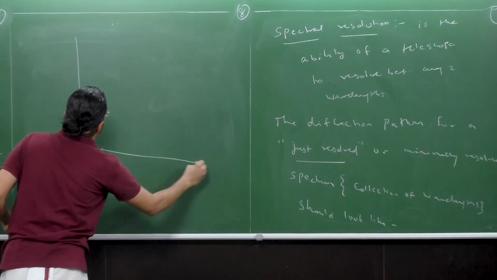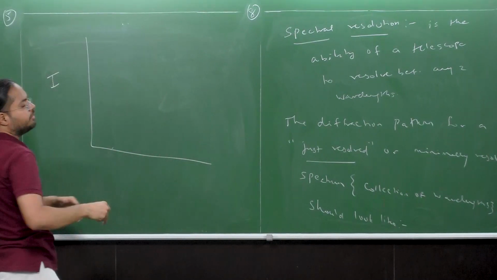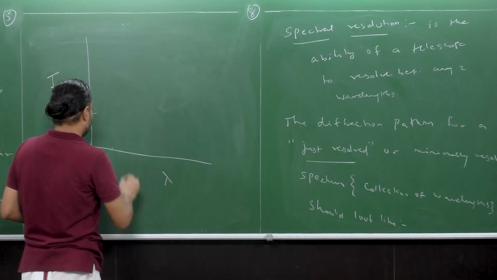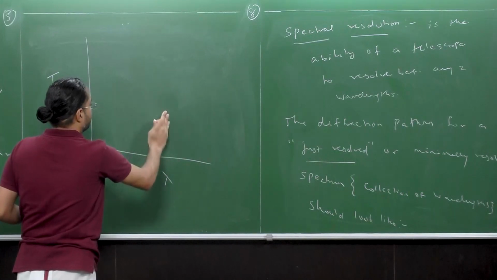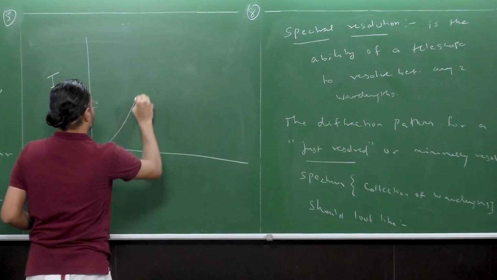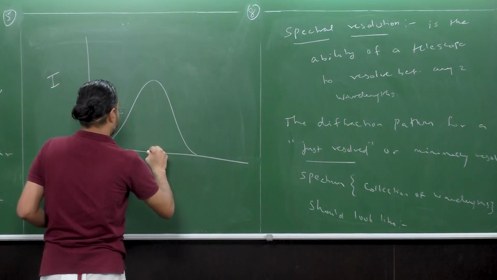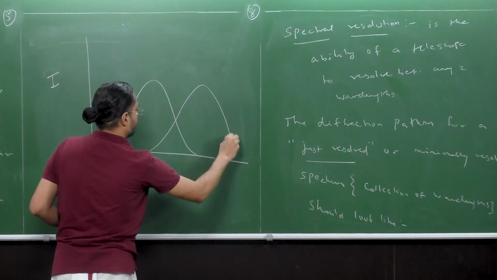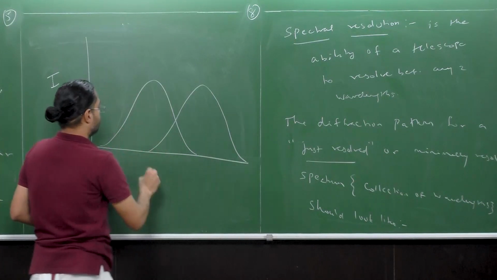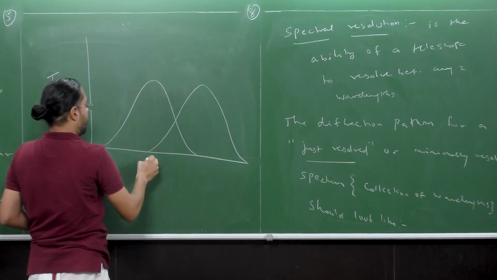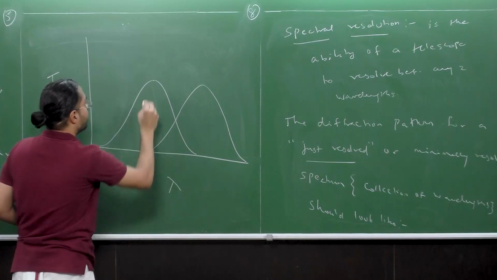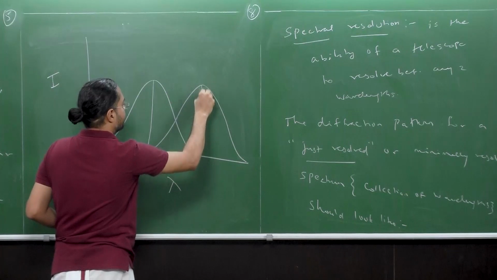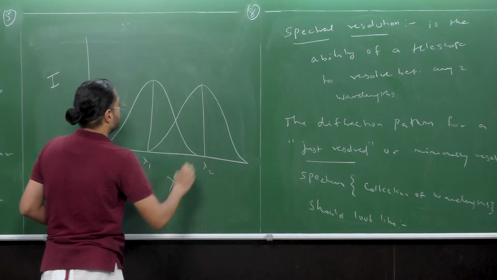Let's say this is the intensity of the diffraction pattern, and this is the wavelength. So for one particular wavelength, let's say this is lambda 1. Of course, this is I versus lambda, and this corresponds to lambda 1, and this corresponds to lambda 2.